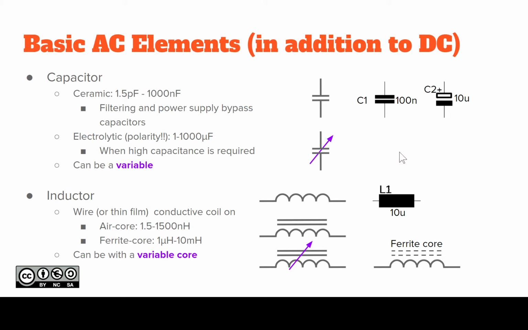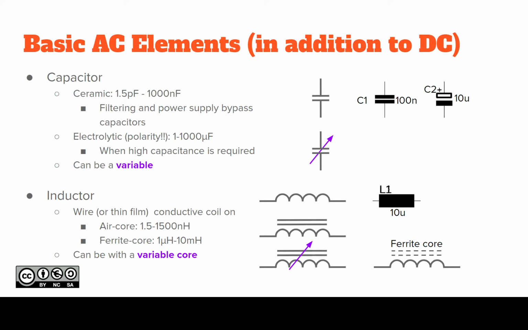Another AC element is an inductor, which is simply a wire coil, made of a conductive wire or thin film, which is also a wire.